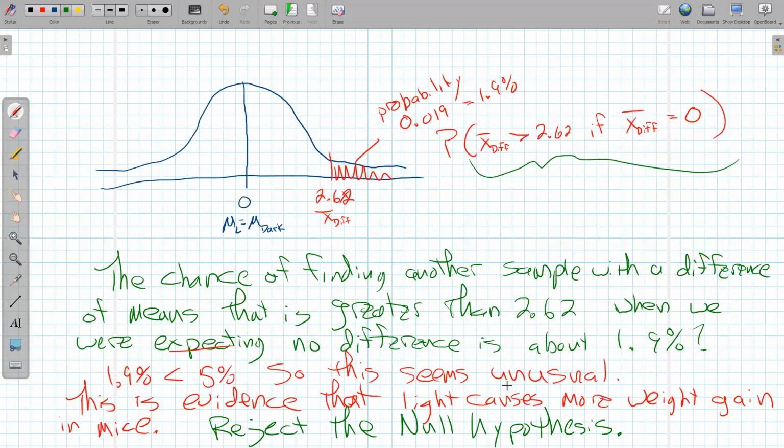So the evidence does not support the null hypothesis that there's no difference. This indicates that there probably is a difference. Huh, yeah, predator versus prey, that's a good point. There's definitely differences in the biologies of predators and prey. Good point.